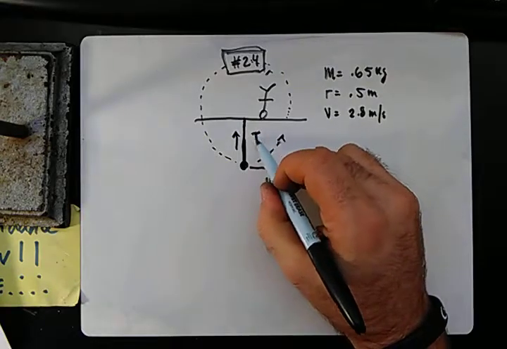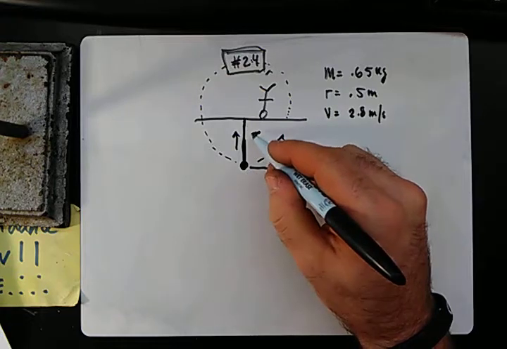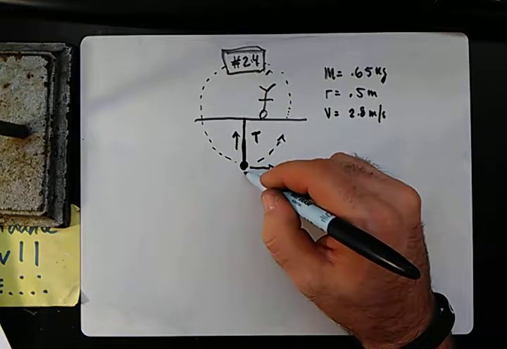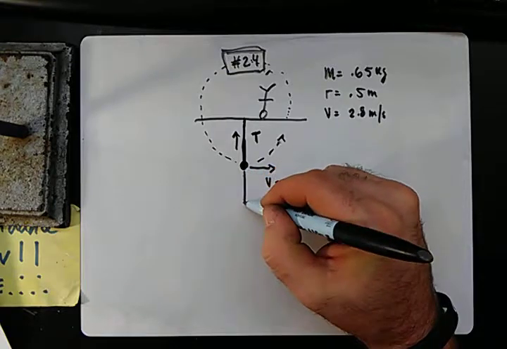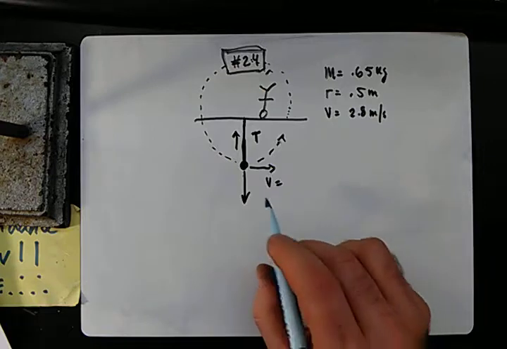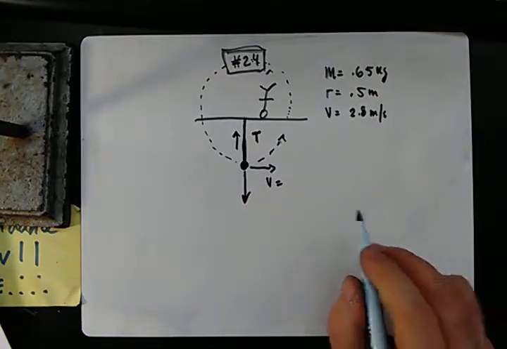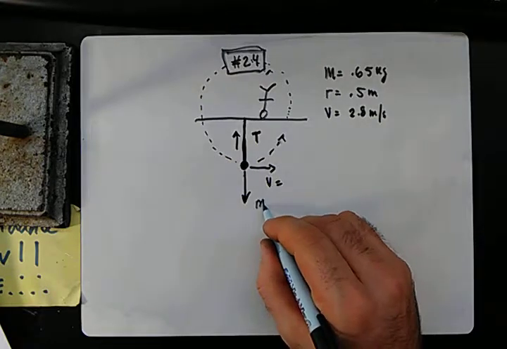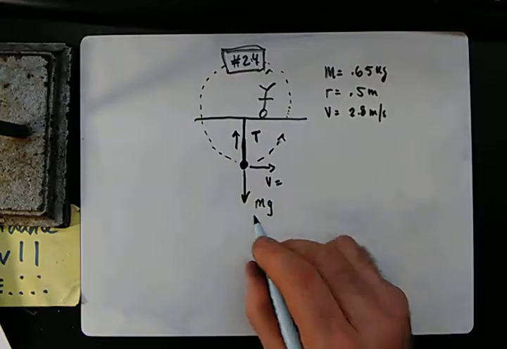So the tensional force has to be equal to some other force that's pulling down. Well, we know that this object just sitting here, not moving, is going to have mass times gravity. That's the weight.